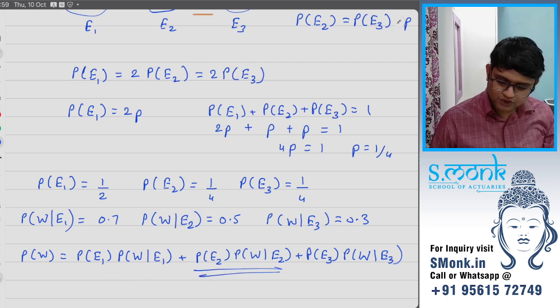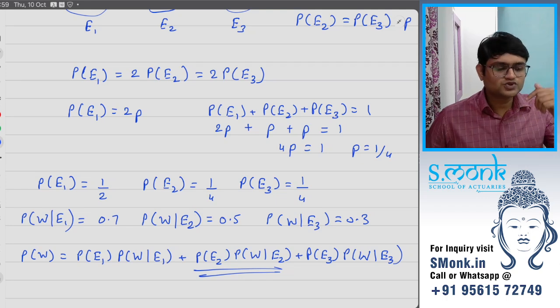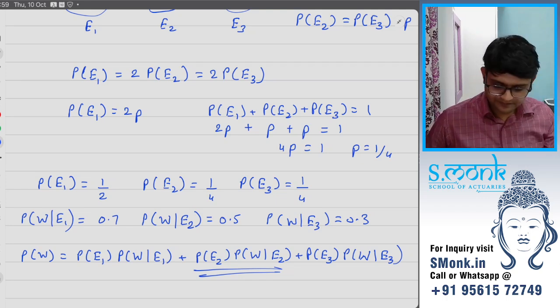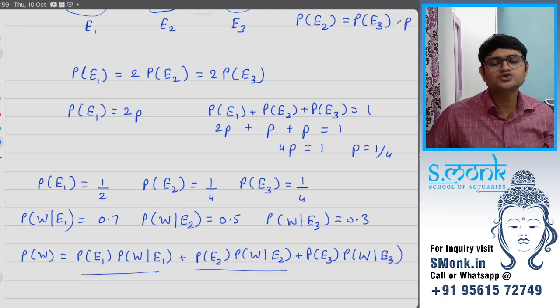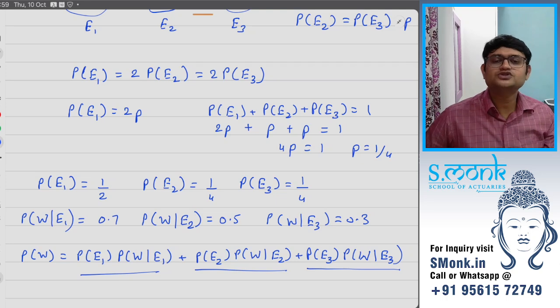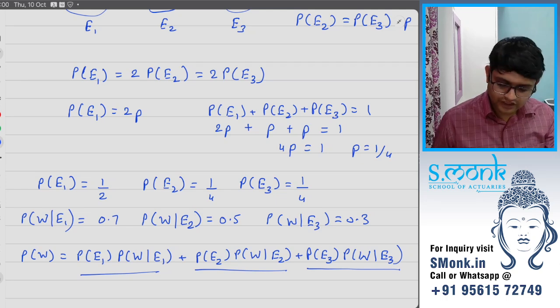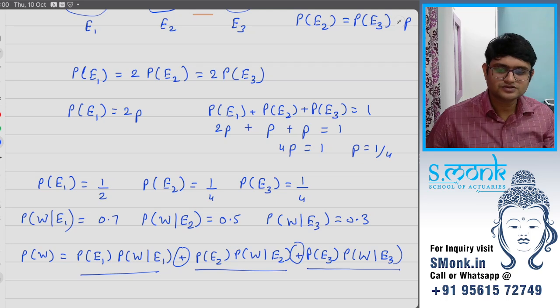Here again I am choosing bag 2 and from that bag 2 I am choosing a white ball. But these are alternatives of each other. Either I will choose bag 1 and then choose a white ball, or I will choose bag 2 and choose a white ball, or I will choose bag 3 and choose a white ball from bag 3. Right, so these are all alternatives. So whenever we have alternatives, we add the probabilities.